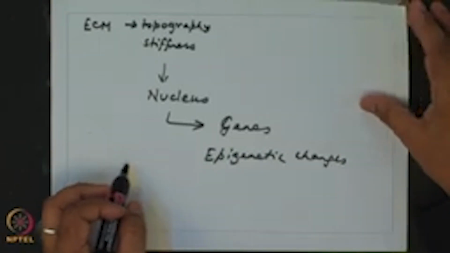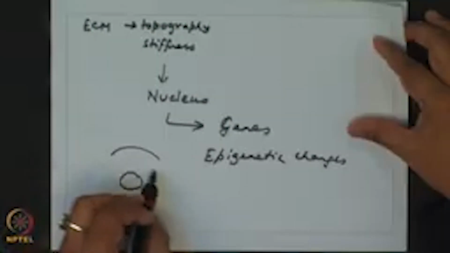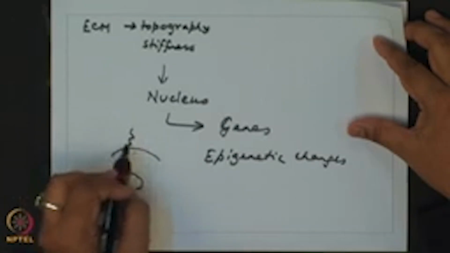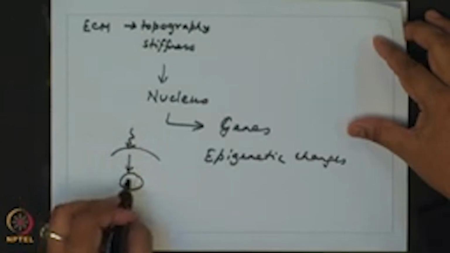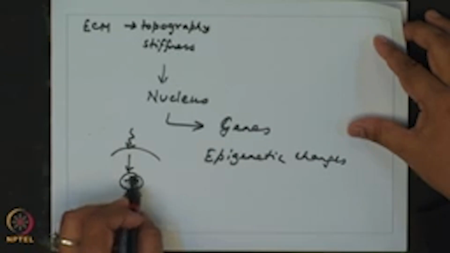So, it is important to understand how a signal is transmitted from the cell periphery to the cell nucleus and eventually activates a given gene.